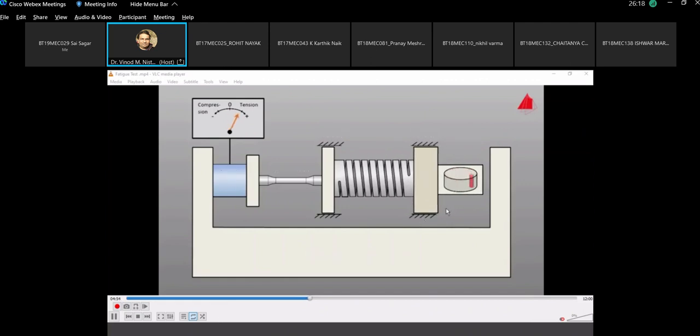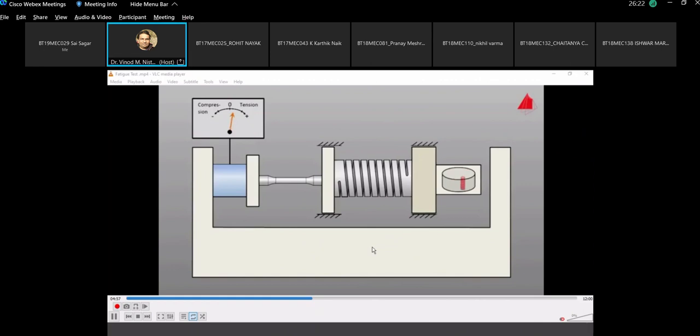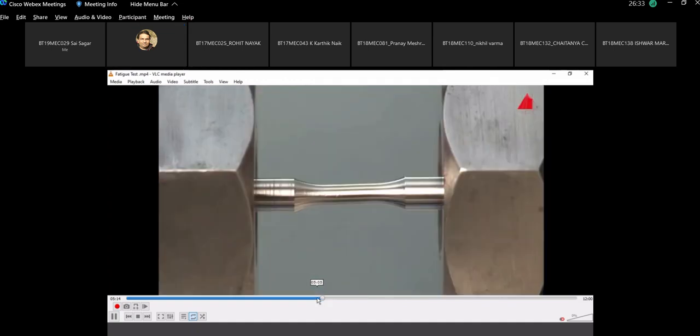This is how it is performed. We are giving a cyclic load to the specimen, which you can see here. After a certain number of cycles, the specimen will fracture.